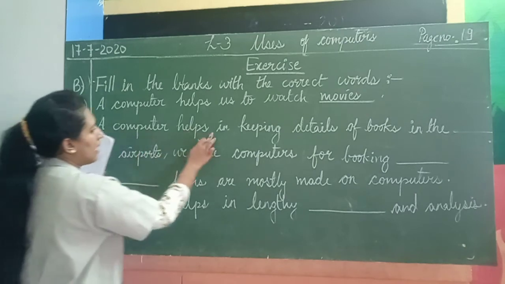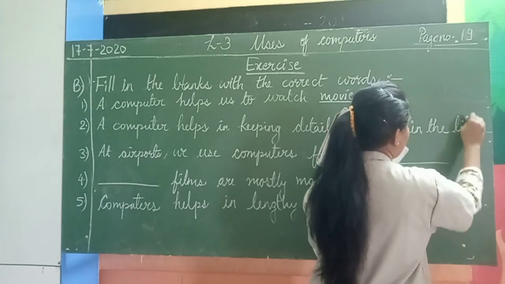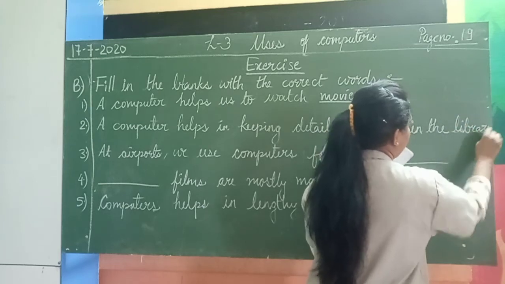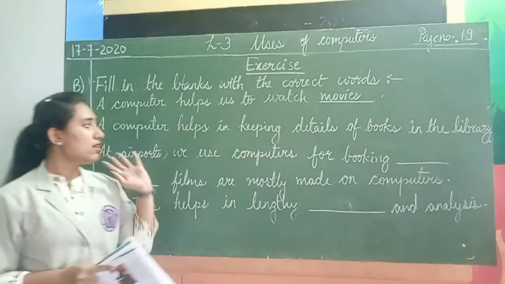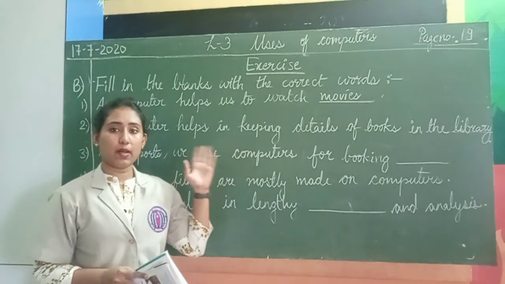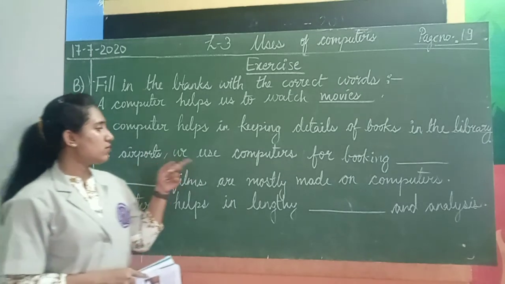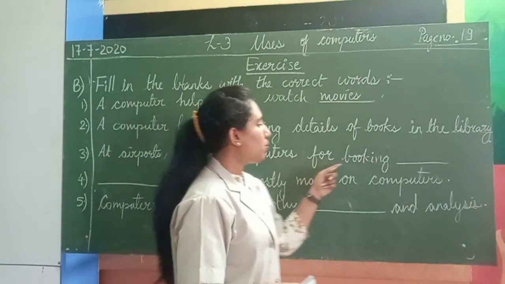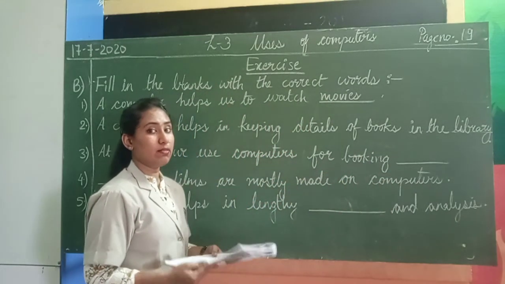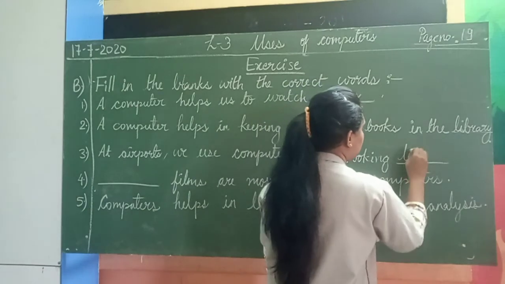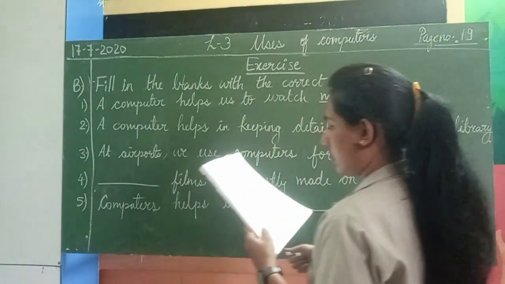A computer helps in keeping details of books in the library. लाइब्रेरी में बुक्स होते हैं, उनके डिटेल्स और उनके सारे रिकॉर्ड्स मेंटेन करने के लिए हम कंप्यूटर्स यूज करते हैं, राइट? Now the third one, at airports we use computers for booking. Airports में हम कंप्यूटर किस लिए यूज करते हैं? For booking tickets, right? Tickets.